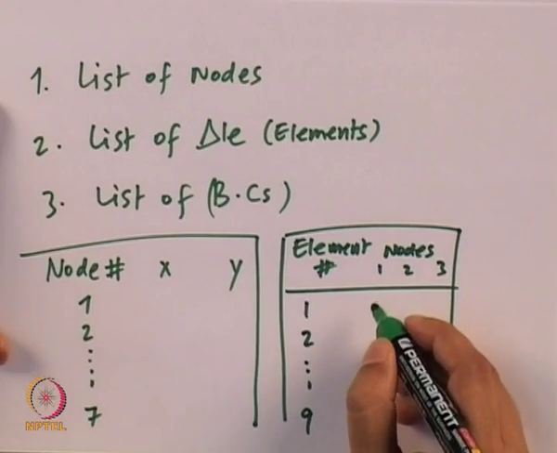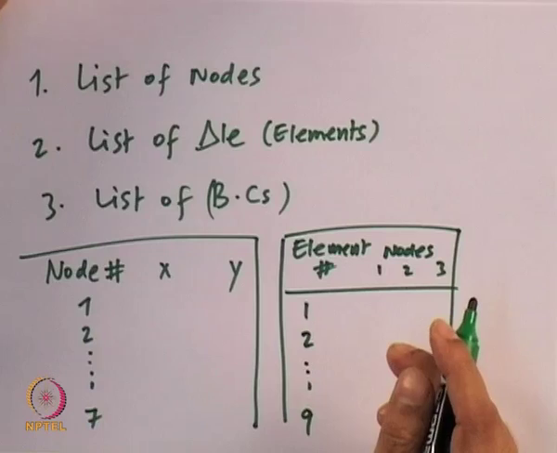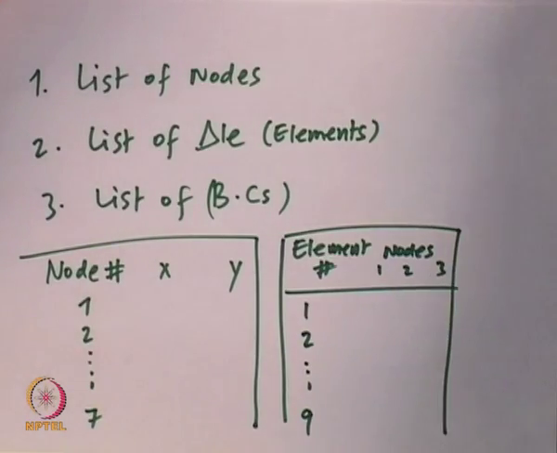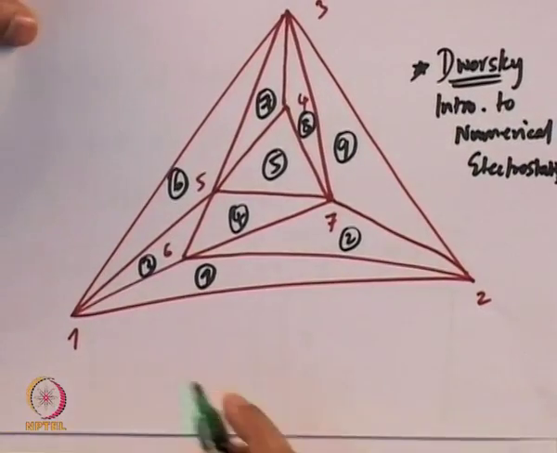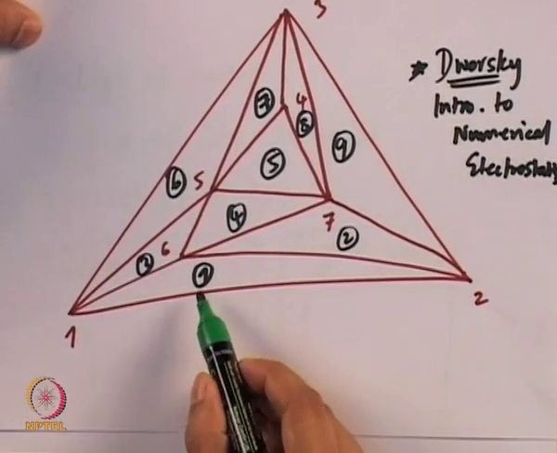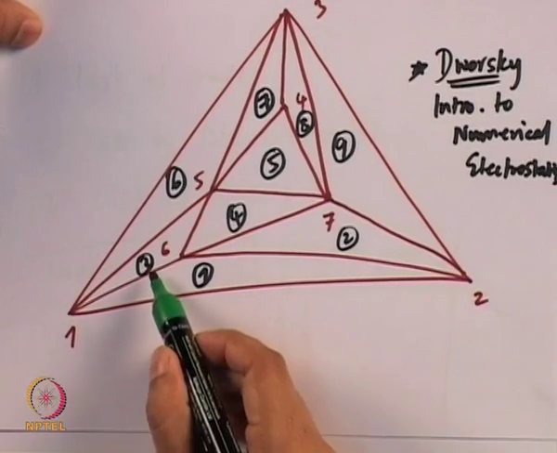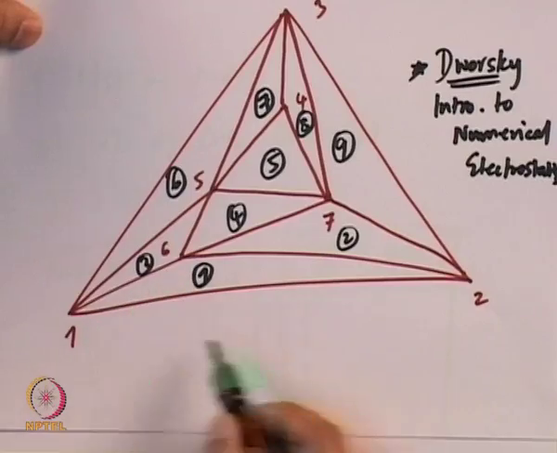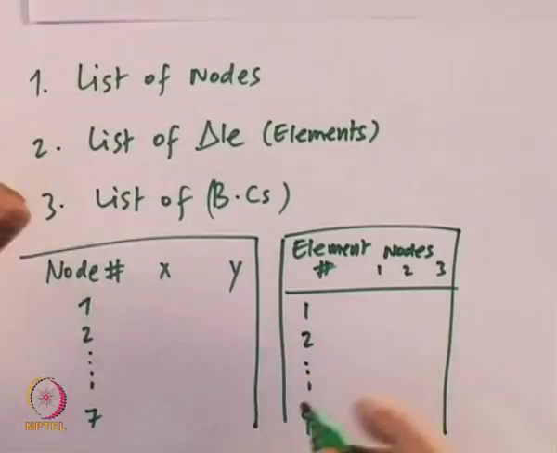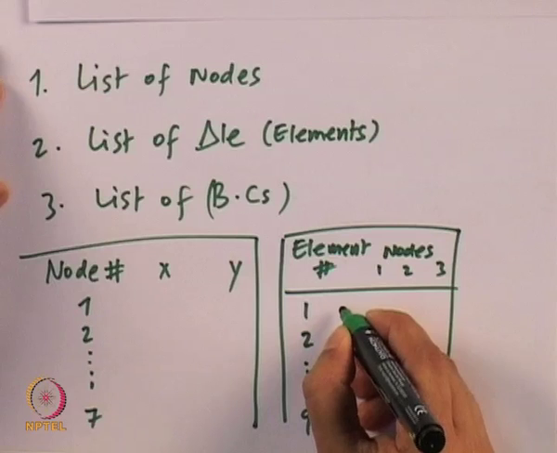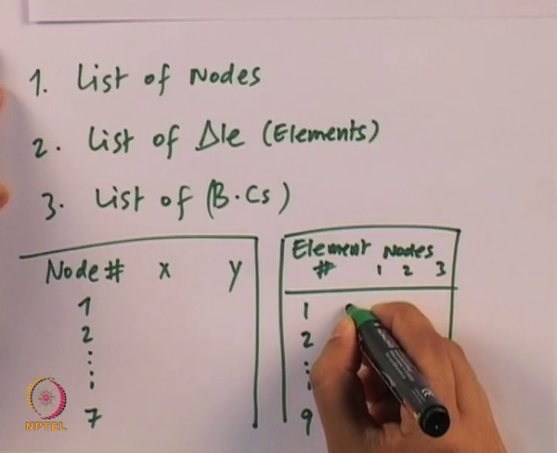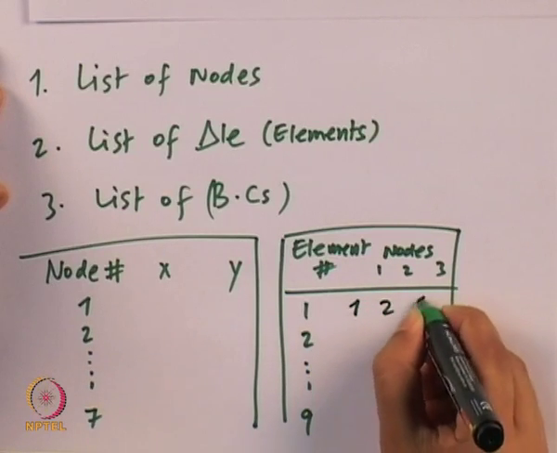For example, in this case when we have triangle number 1, we have 1, 2, 6. If you see this particular triangle, element 1, the first one will be 1, the second one will be 2, and the third one will be 6. We are going in the anti-clockwise direction, and we will stick to that throughout the example. So we will have 1, 2 and 6.